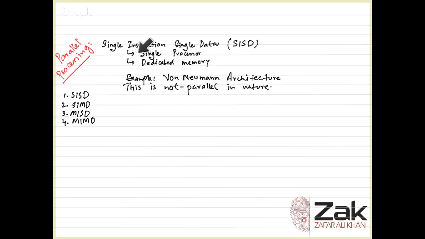So when one single instruction, as we have done in AS, is referring to one data item or its memory address, it is called single instruction, single data. An example is von Neumann architecture. This is not parallel in nature. It is not parallel at all. It is part of Flynn taxonomy, so it appears in parallel processing, maybe to differentiate and give an idea of the difference between parallel processing and this, but it is not parallel in processor.